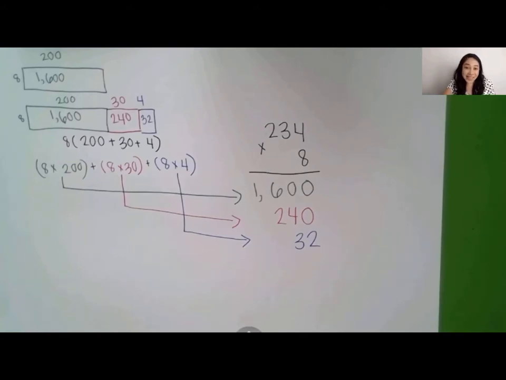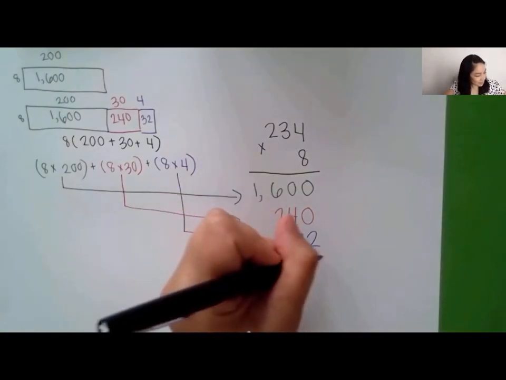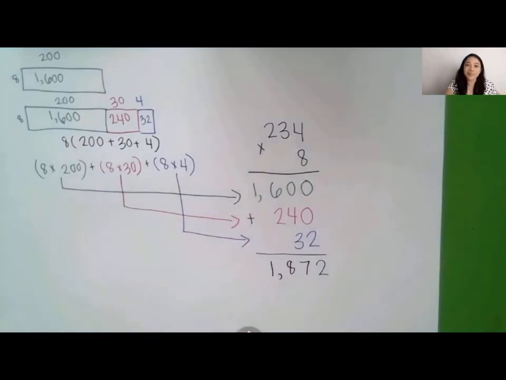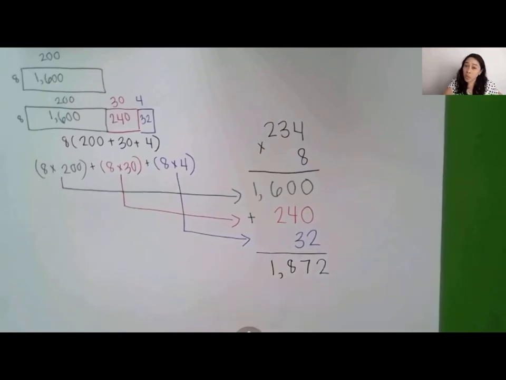The area inside each rectangle is the same as each of the partial products. Let's now add the partial products. What is the product of 234 times 8? 1,872. We recorded the partial products, starting with the largest unit, the hundreds.